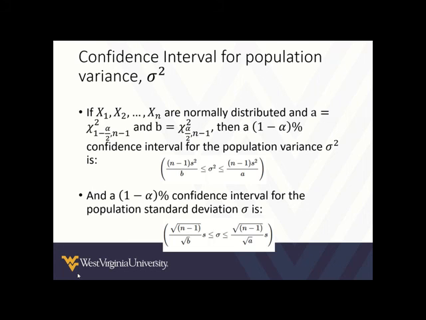If x1, x2, all the way to xn are normally distributed, and we let a be the chi-squared value at 1 minus alpha over 2 with n minus 1 degrees of freedom, and b is our chi-squared value at alpha over 2 with degrees of freedom n minus 1, then the 100 times 1 minus alpha percent confidence interval for our population variance will be the quantity n minus 1 multiplied by our sample variance over b, less than or equal to our population variance, which is less than or equal to the quantity n minus 1 multiplied by our sample variance over a.